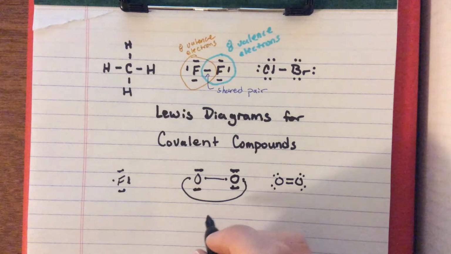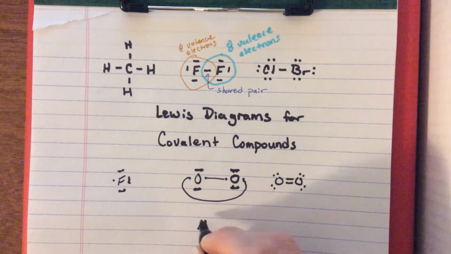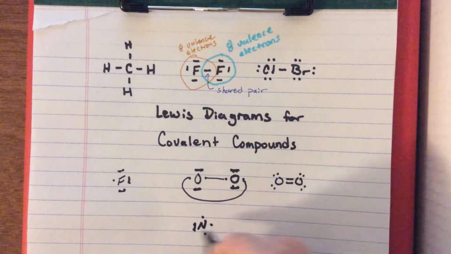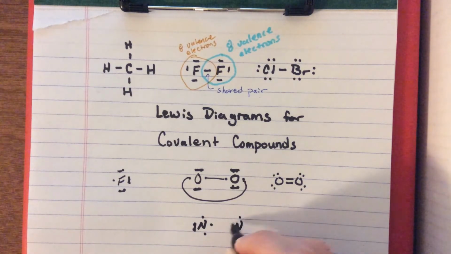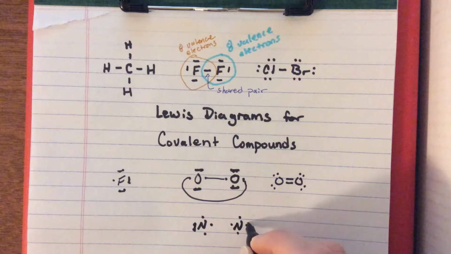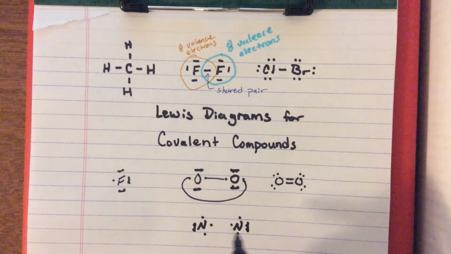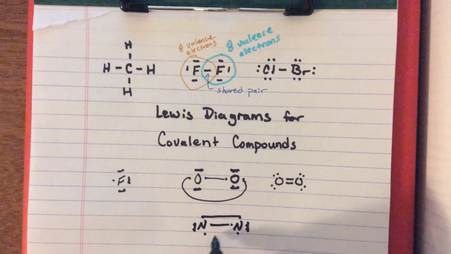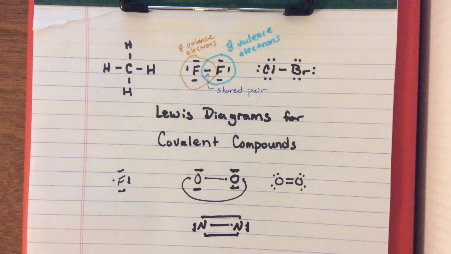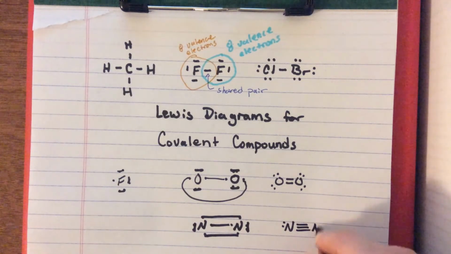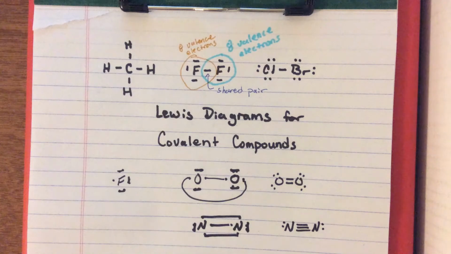And if we look at the nitrogen molecule, nitrogen atoms have 5 valence electrons. They have 3 unpaired valence electrons that they can contribute to shared pairs. And so when we have a nitrogen molecule, there are 3 pairs of valence electrons that are being shared between the 2 atoms.